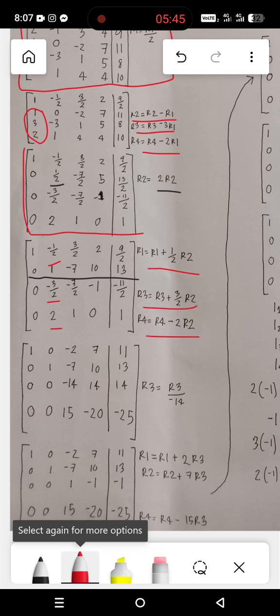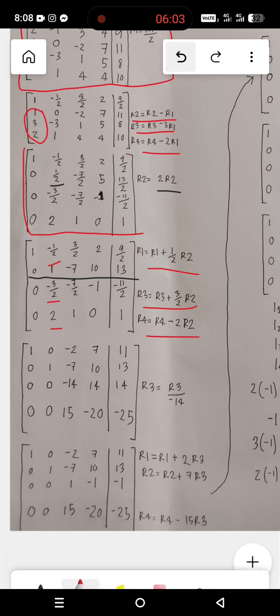So we're going to add all values in R1 plus 1 half of R2, because negative 1 half plus 1 half multiplied by R2, which is equal to 1 here, is equal to 0, because that is our goal. And here we have negative 3 halves plus 3 halves multiplied by R2, which is equal to 1 again. And by doing that, we can turn this one into 0.